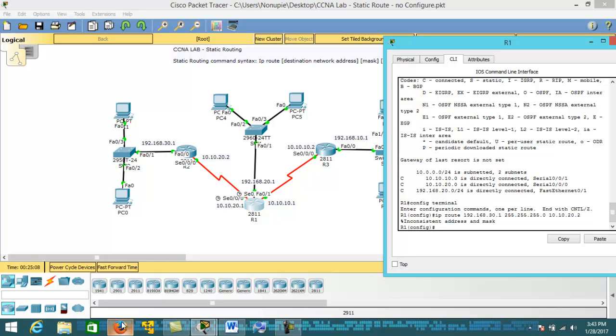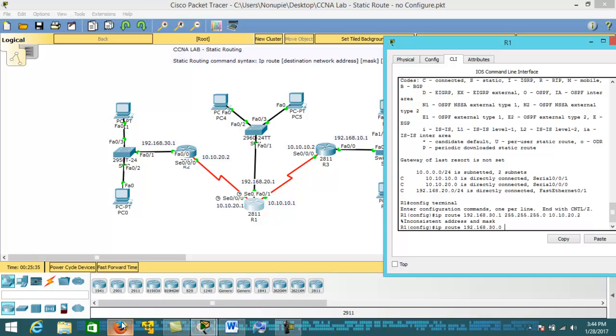Let me check what is happening. The ip route for going to the 192.168.30.1 network. It should be 30.0, not 30.1. I was making a mistake. We are not going to a particular IP, we are going to mention the particular network.